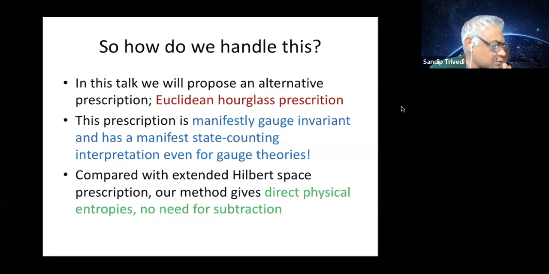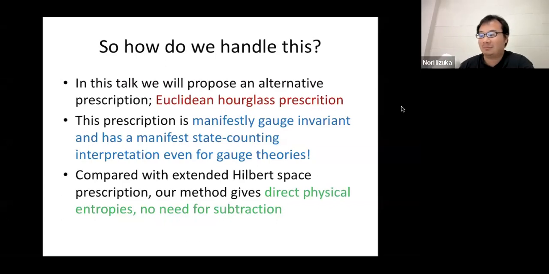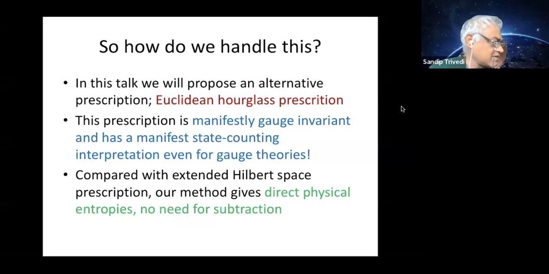But Shiraz, if you permit me, Nori, in one sentence: what we showed was that even though the earlier description was strictly speaking in A0 equal to 0 gauge, with the imposition of Gauss's law, it was related to the replica trick path integral in this gauge.